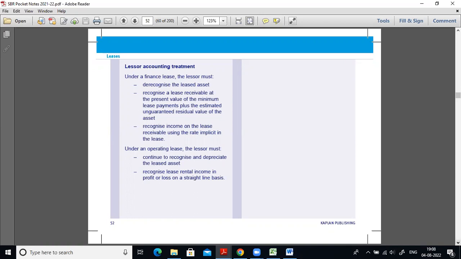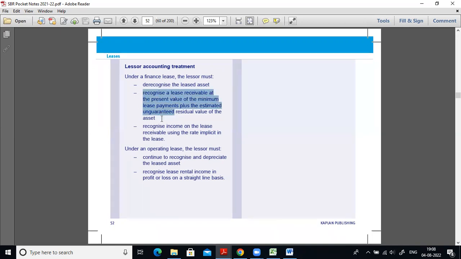Second one, we need to recognize a lease receivable. The lessor needs to recognize a lease receivable at the present value of the minimum lease payments plus the estimated unguaranteed residual value of the asset. Now we'll have a discussion on this.